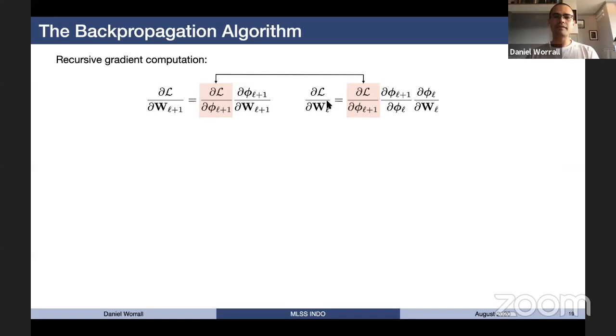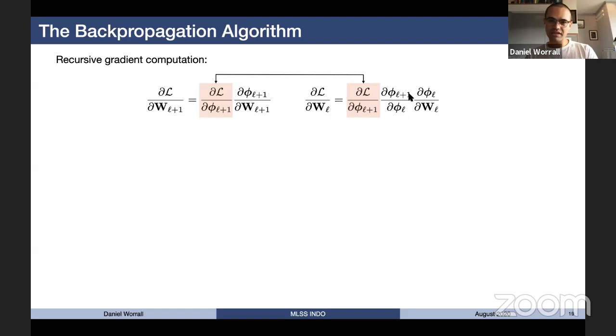If I do this again for the parameters at layer L, I can write this as such. And you see these two terms are actually the gradient of L with respect to phi L. And then this here is the derivative of the output of phi L with respect to W.